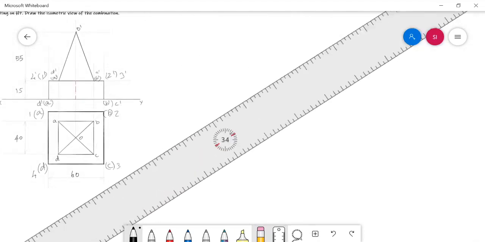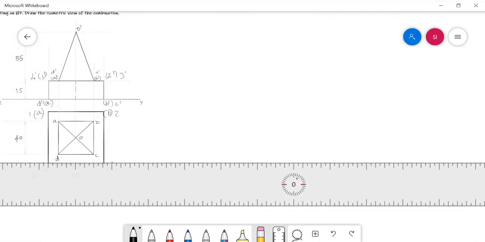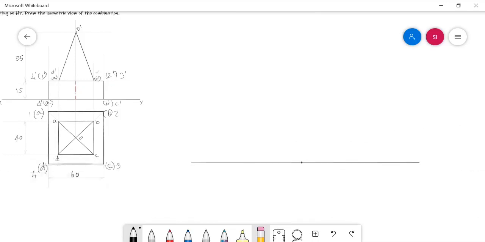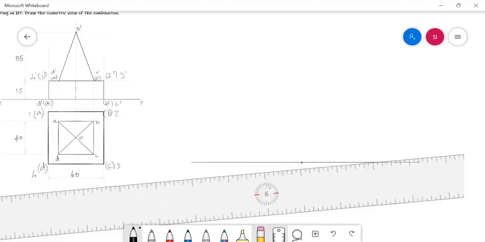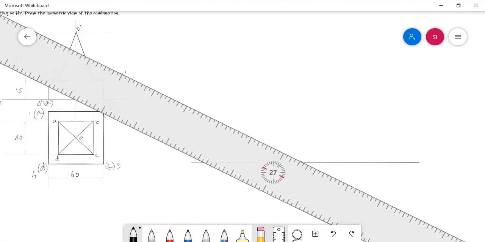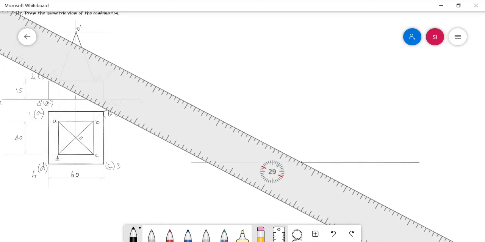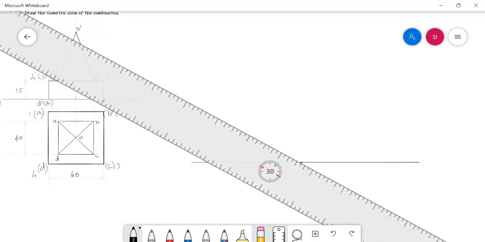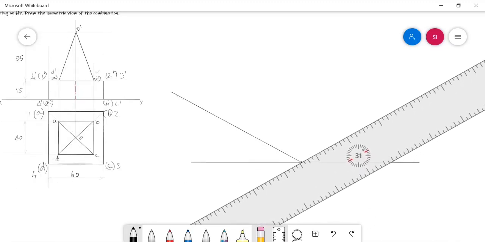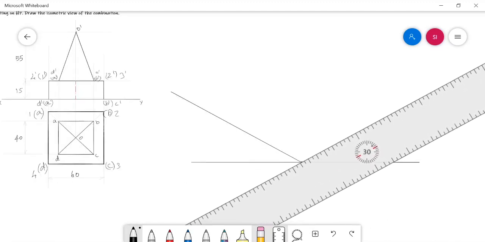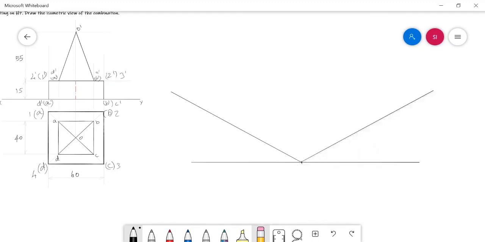First I need to draw the isometric axis, that is a horizontal line, and then I have to mark the origin. After that, both on the left side and right side, I need to draw two lines with 30-degree inclination with the bottom horizontal line. Now I can start to draw the bottom solid isometric view first.